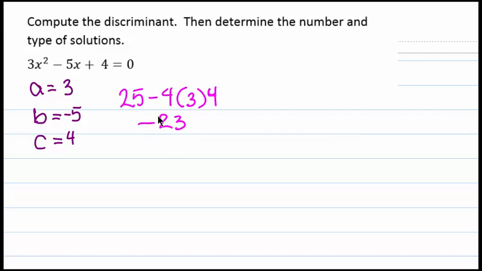That's, remember, what's underneath your radical. The radical is not part of the discriminant, it's just what's underneath your radical. So my discriminant is -23. But since there is a negative underneath my radical, then looking at my notes, it says if b squared minus 4ac is less than 0, then there are two distinct, which just means different, imaginary solutions.